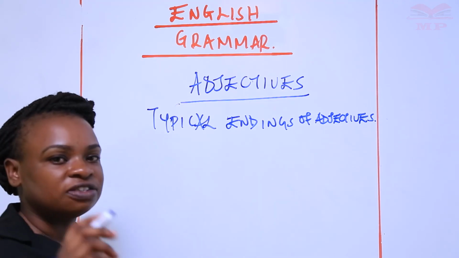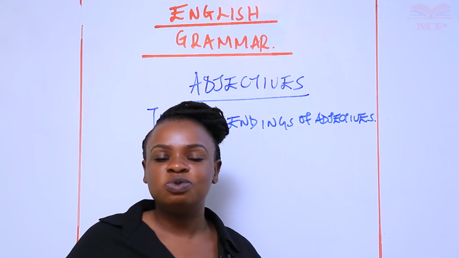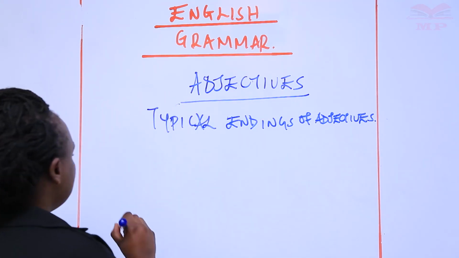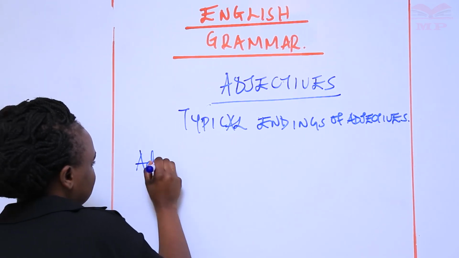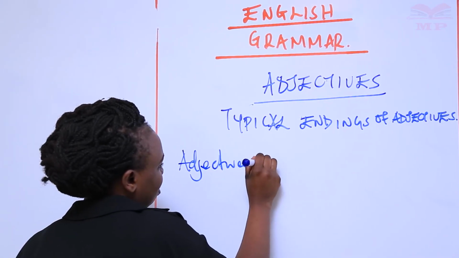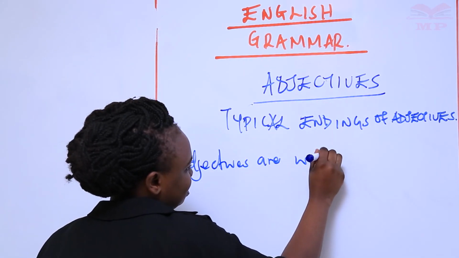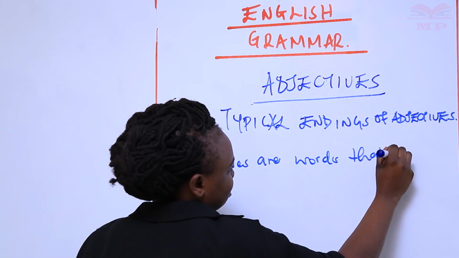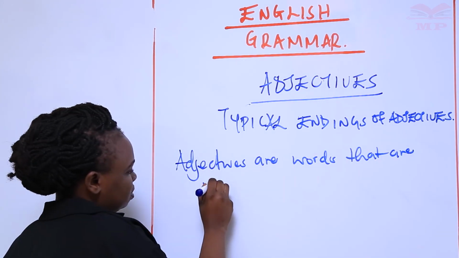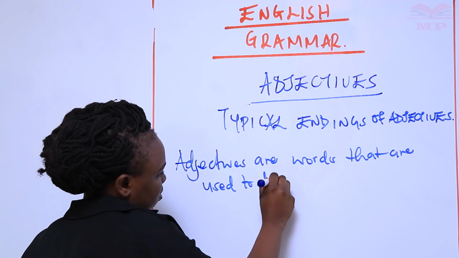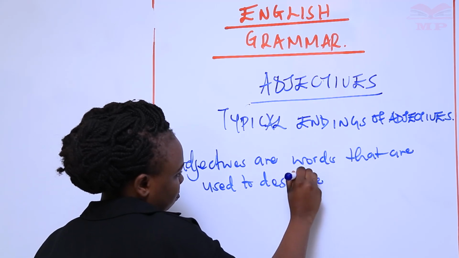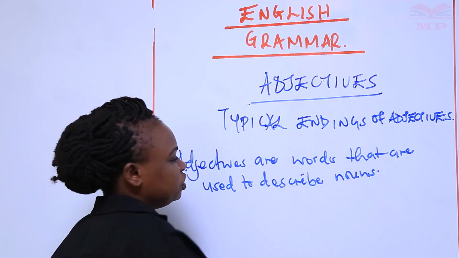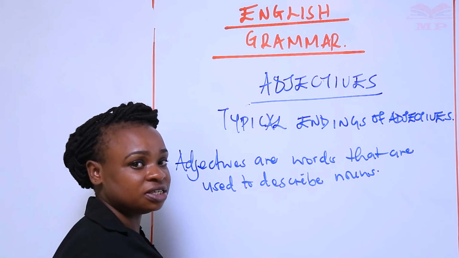Typical endings of adjectives. Before we talk about the typical endings of adjectives, we know that adjectives are words that are used to describe nouns.